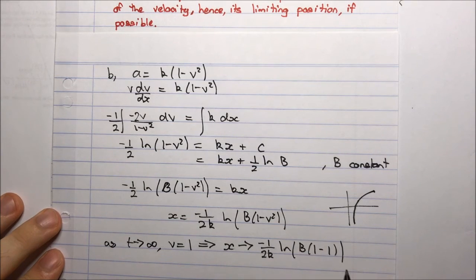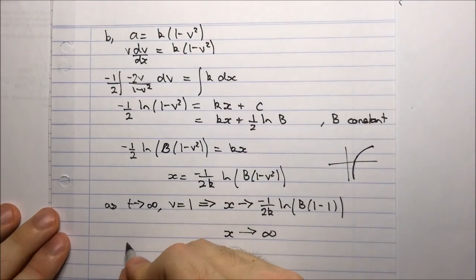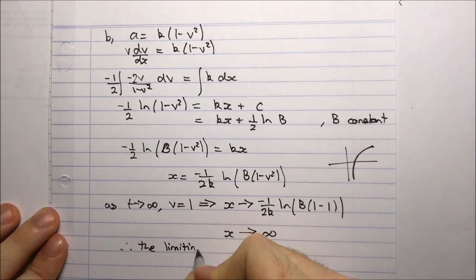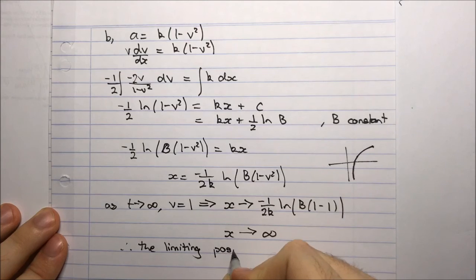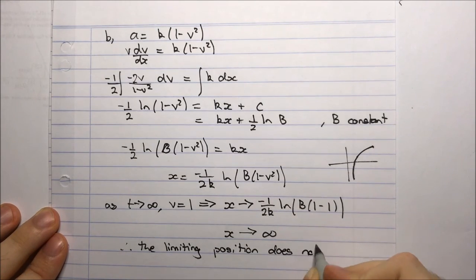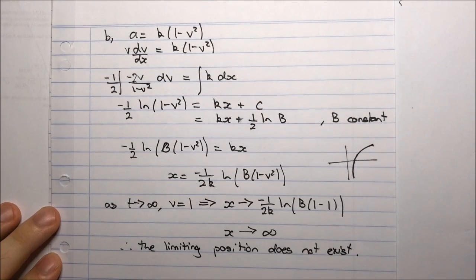So I have a negative times negative infinity, and so x is approaching infinity. Or in other words, there is no limiting position. So therefore, the limiting position doesn't exist. And that is the end of the question.